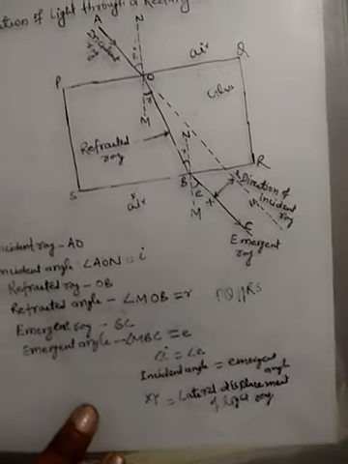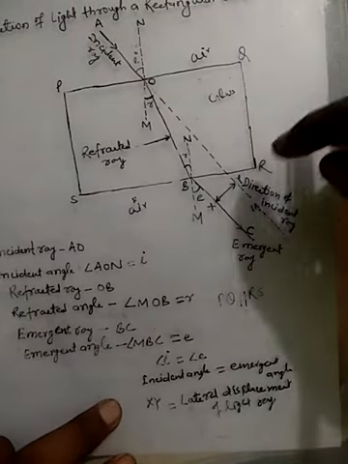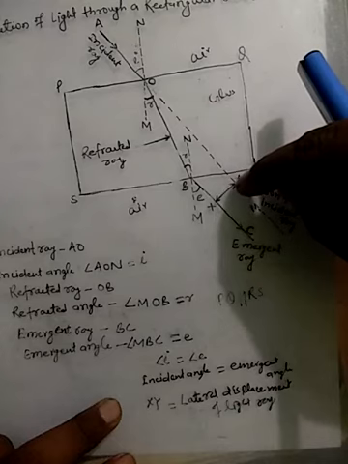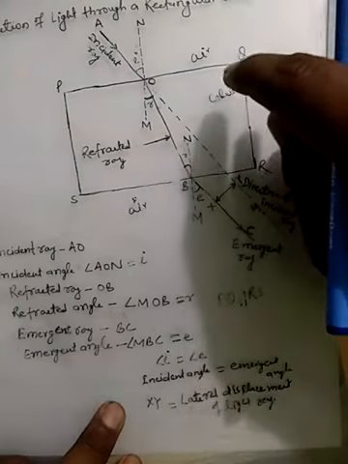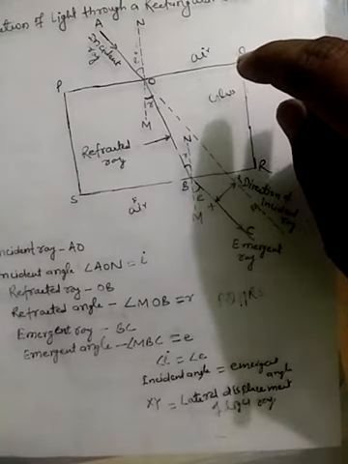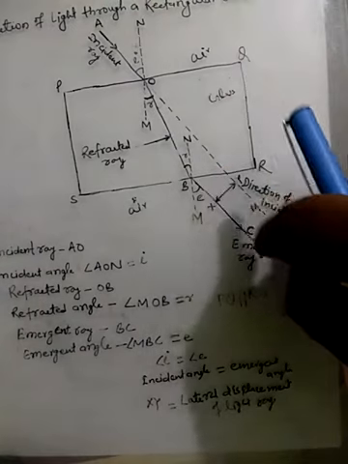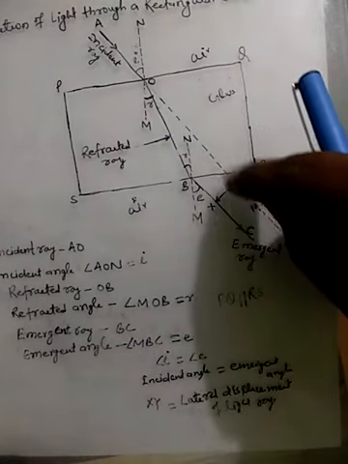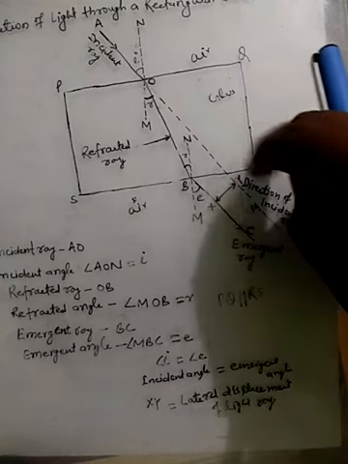Lateral displacement basically represents the displacement of light from its original position when the light ray passes from one medium to another medium. Here, the emergent ray is parallel to the incident ray but not along the incident ray.